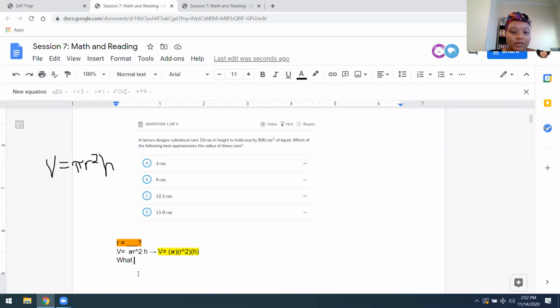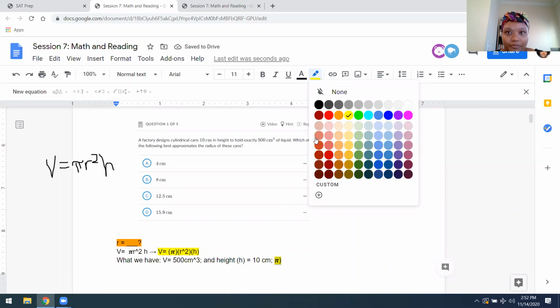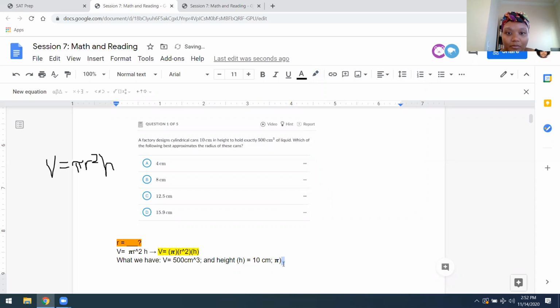So what we have is V, or volume, equals 500 cubic centimeters, and the height, h, equals 10 centimeters. We also have another piece of this puzzle. We have pi, because pi is always the same thing. It's like 3.14.